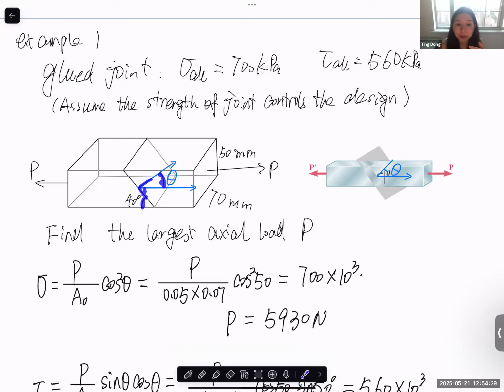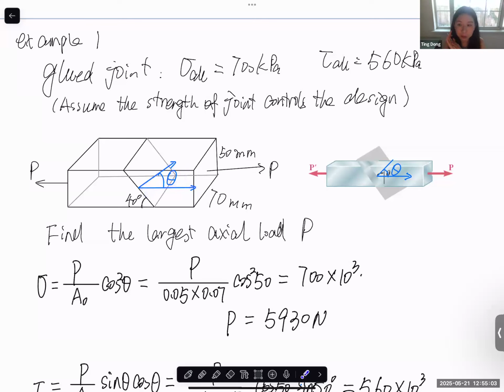Our definition of theta is the angle between the actual direction of the structure and the vector normal to the plane direction. This is how we derive our equation, so if you want to use the equation, you need to follow this definition of theta. So this one equals 40, and the angle between the x direction of the structure and the vector normal to the plane direction becomes 50.